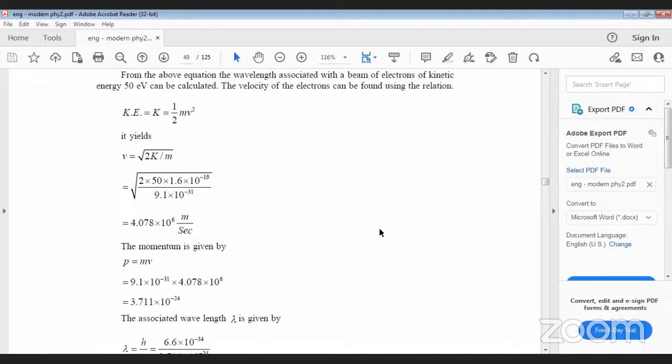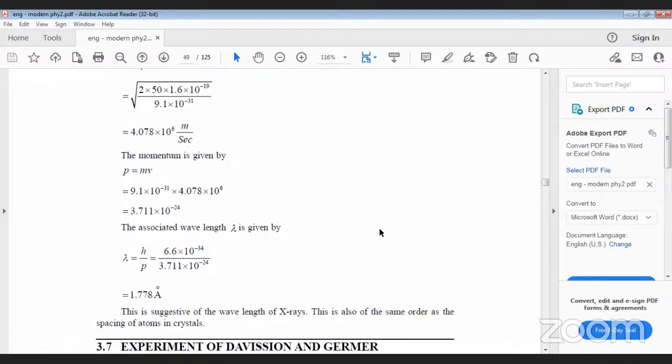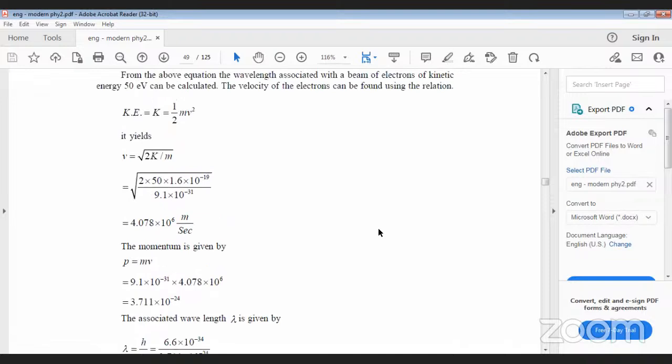If you want to calculate velocity, or momentum, or the lambda value, you need to remember this equation: v equals square root of 2E by m, or 2K by m. It can be energy E, or since they say kinetic energy, it is K, 2K by m. So the kinetic energy is given.